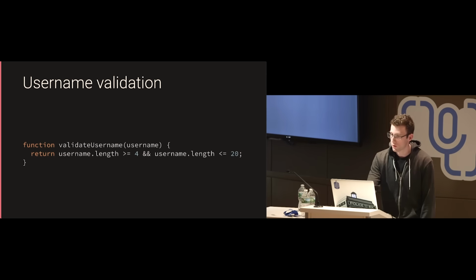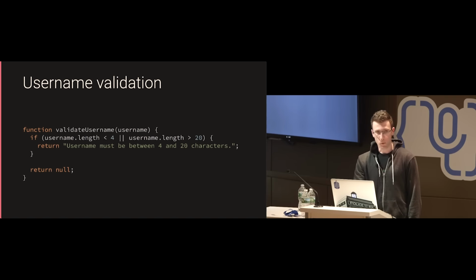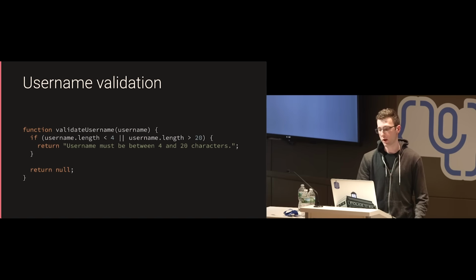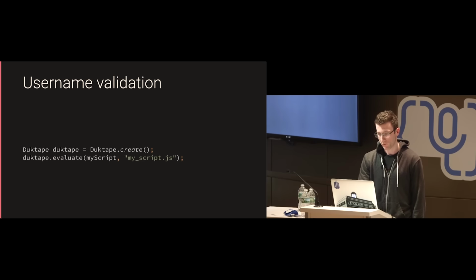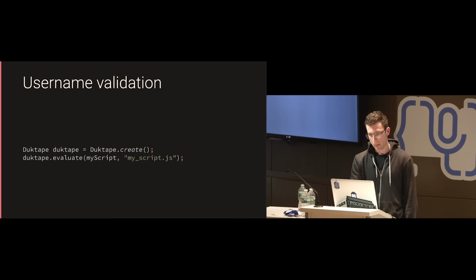So here is a very simple JavaScript function which validates the username based on its length. Just checks that it's within 4 to 20 characters. Here's a slightly better one that when the username is invalid, it returns an appropriate error message and returns null when it is valid. So in your Java, you just create a new Duct Tape instance, and then you call evaluate.